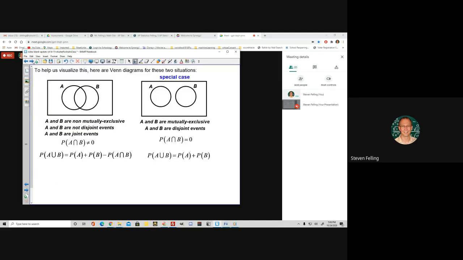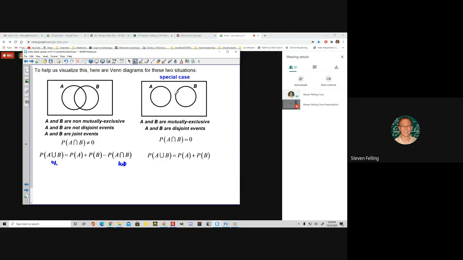To visualize this, we could look at kind of two Venn diagrams. This is what I picture in my mind when you give me an OR case, right? Generally, events do overlap, and that means that the probability of A or B is the probability of A plus the probability of B, but we have to subtract the probability of A and B, okay? But there's a special case that it can occur. Sometimes we don't have overlap.